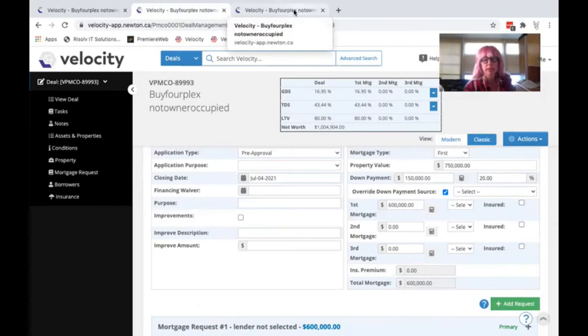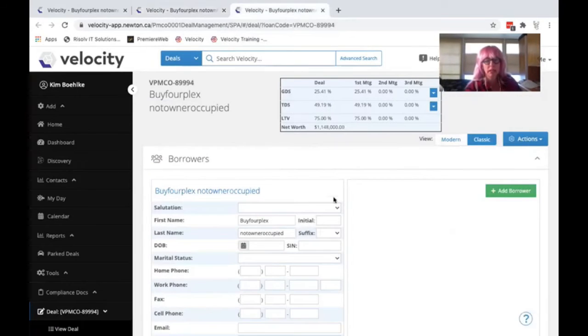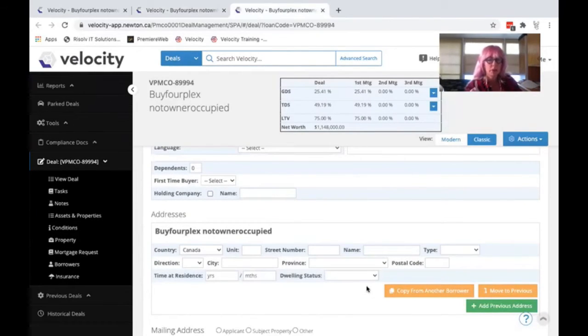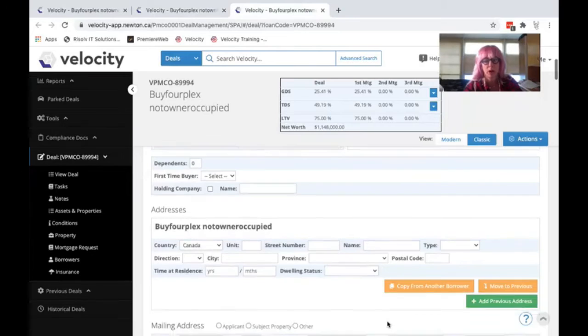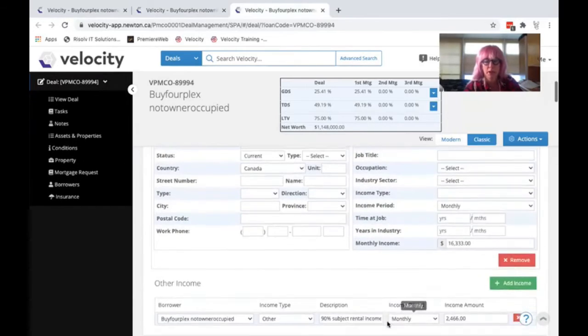Scenario number 3, this is where we get into alternative lending. In this case, they'll go up to a higher TDS of 50%. They will require 25% down, and with rentals in general, if your client can put 25% down, you will have access to a lot more lenders, so keep that in mind.